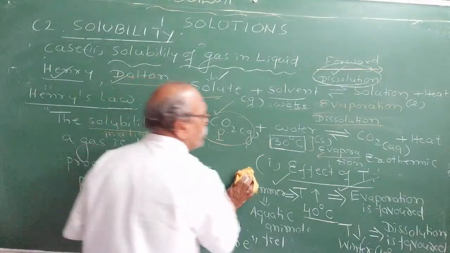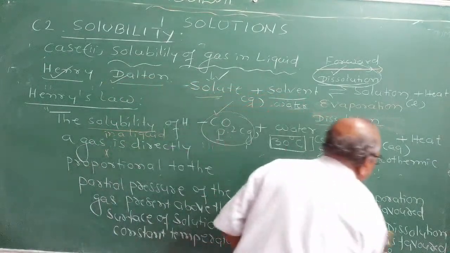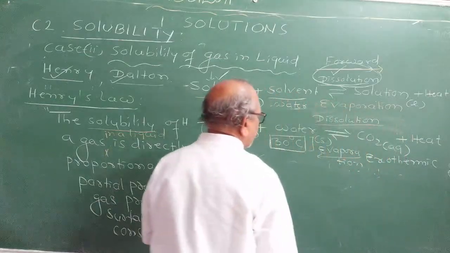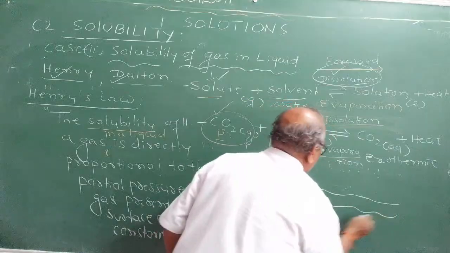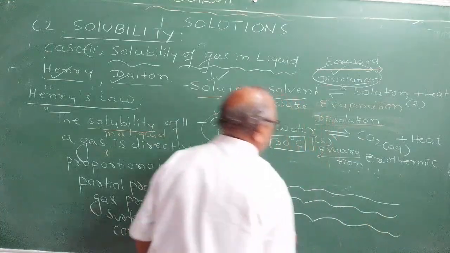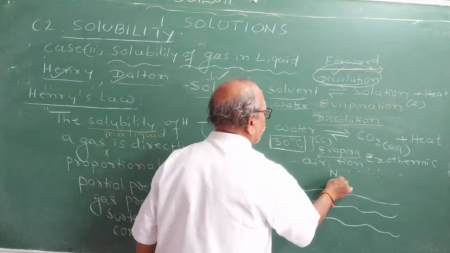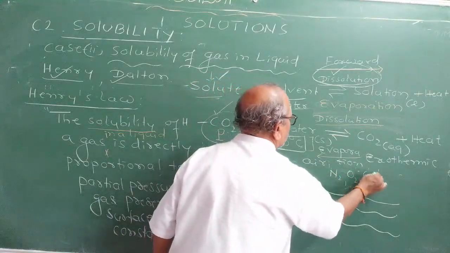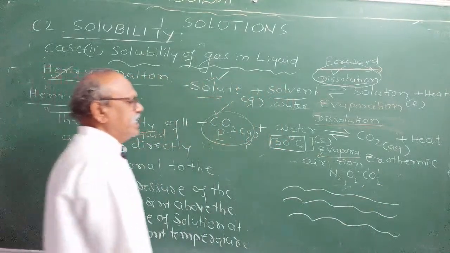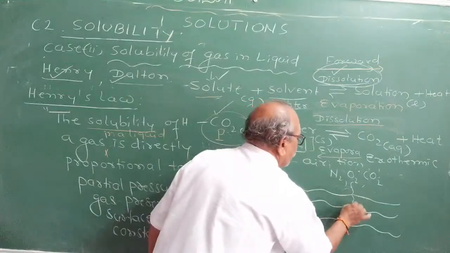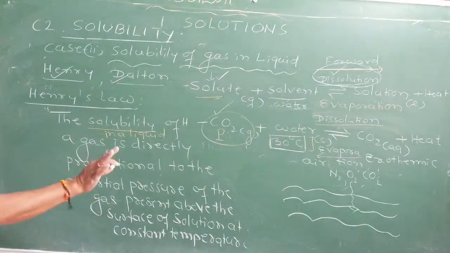Coming back to the effect of pressure, what Henry is telling is this. Suppose it is a water body, maybe a river, a lake, or an ocean. Air will be present above it. Air is a mixture of several gases: nitrogen, oxygen, carbon dioxide. Whenever a mixture of gases is there, there is a law called Dalton's law of partial pressure.